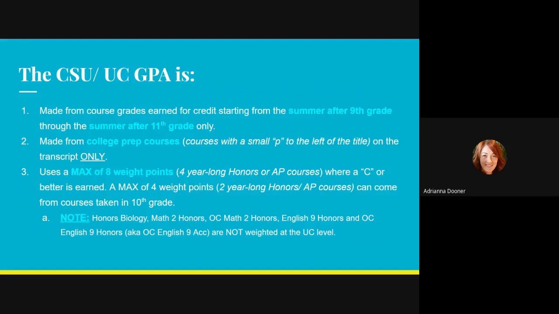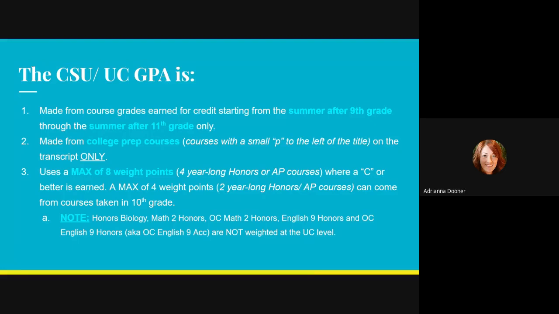We have students that decide to take way more than 2 honors and AP courses in 10th grade, or way more than 4 honors and AP courses in 11th grade. That would mean their high school transcript weighted GPA will be a lot higher, because at the high school transcript level, there's no maximum. But at the college level, because there's that maximum, there will be only so many weight points they can assign to that GPA.